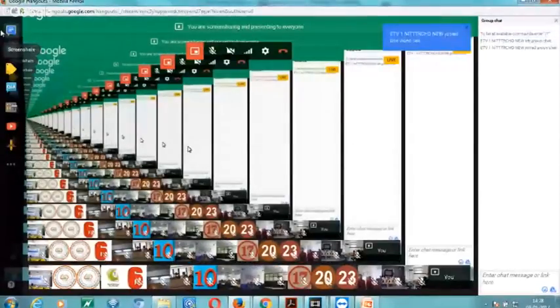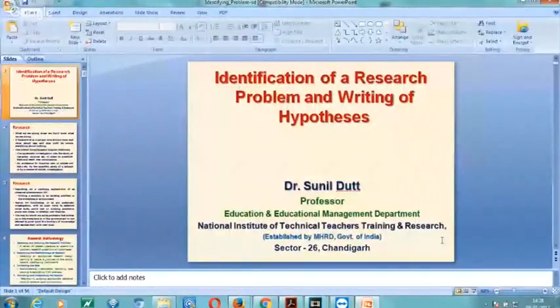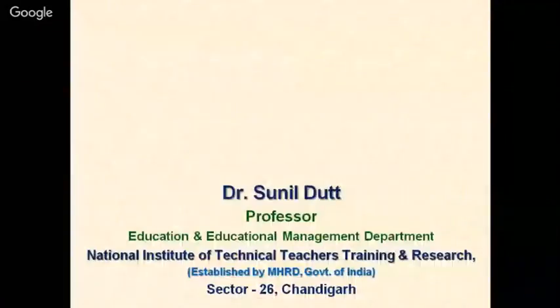Friends, research begins with a felt need, that is the problem, and the central element in any piece of research work is the problem.